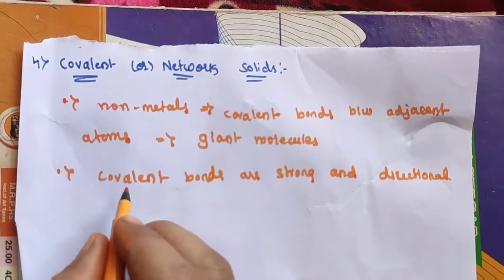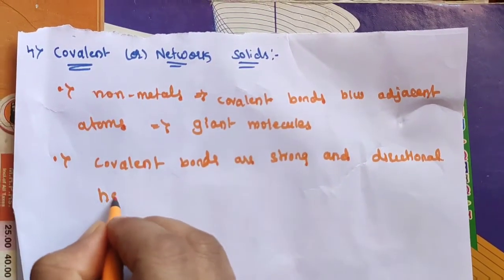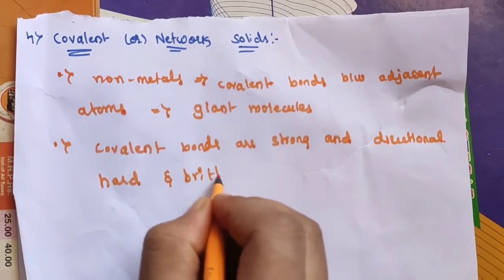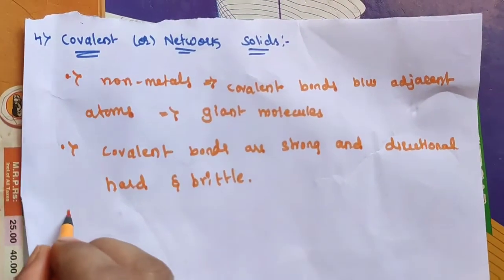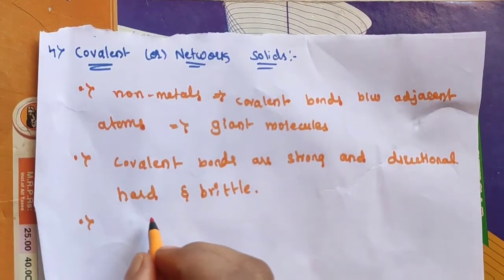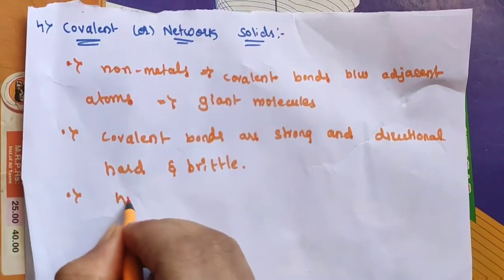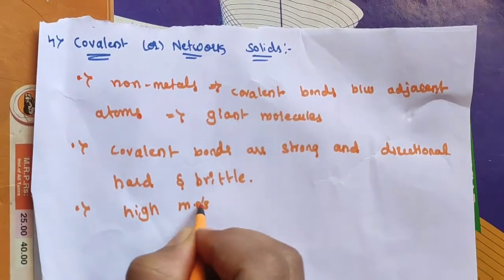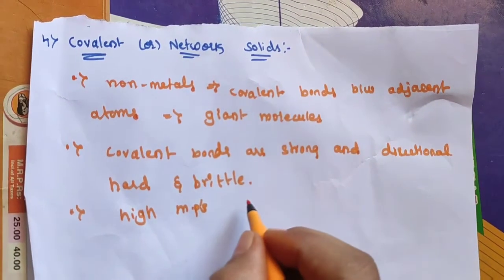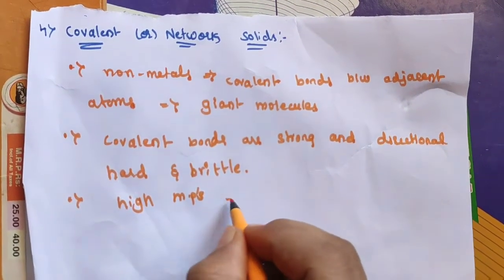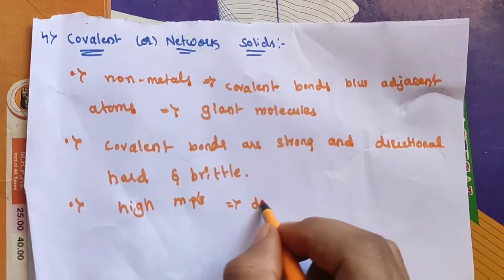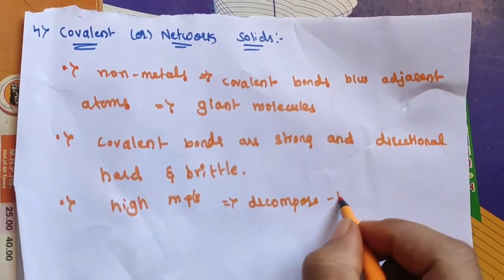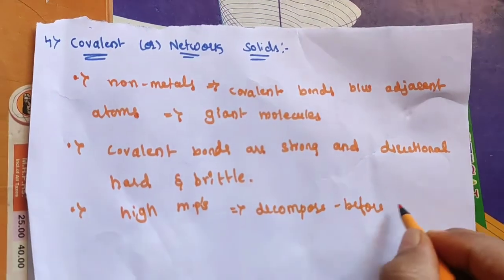Such solids are very hard and brittle in nature. Third, they have extremely high melting points and may even decompose before melting, meaning they can decompose before melting.